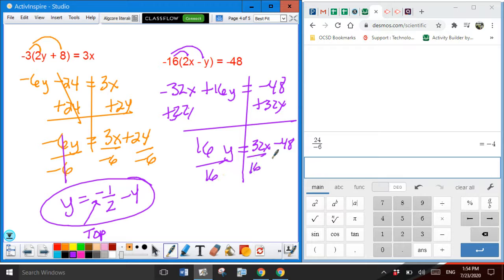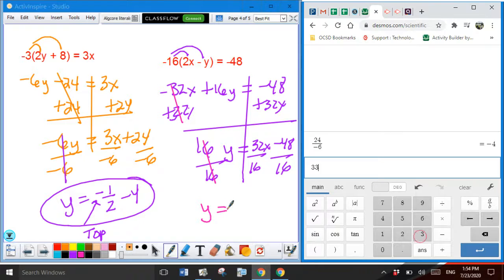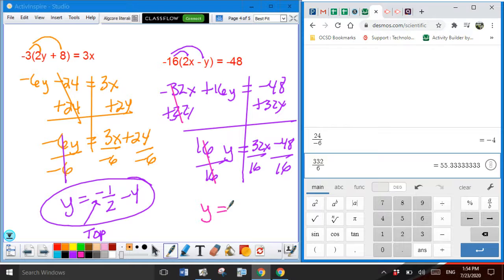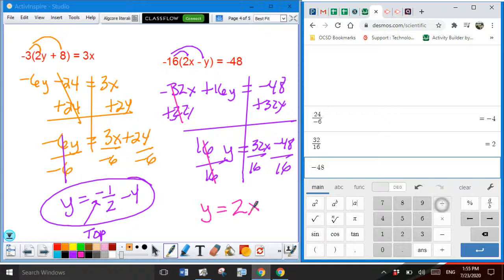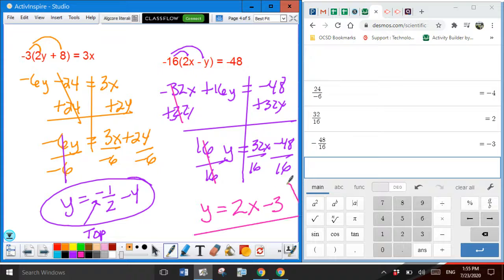Divide 16, so 3 times. Cross out. So 32 divided by 16 is 2. So 2x. Negative 48 divided by 16 is negative 3. So y equals 2x minus 3.